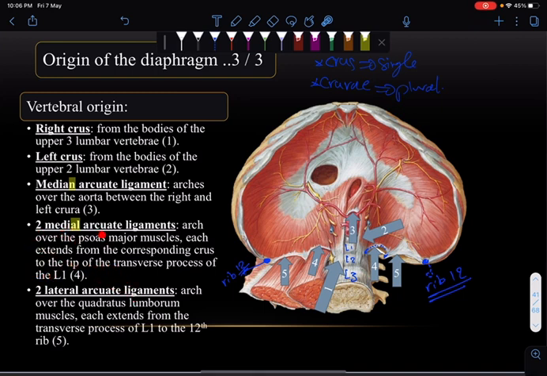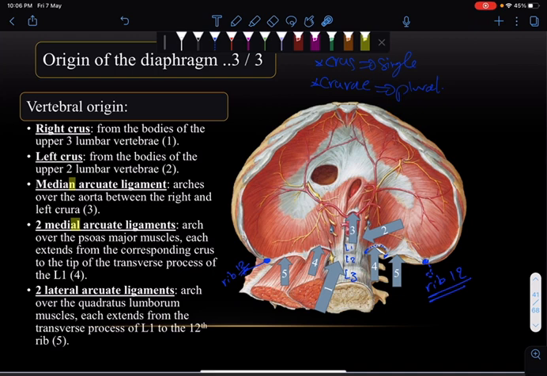Two medial arcuate ligaments. This is medial and this is medial, in contrast to the lateral. The two medial arcuate ligaments arch over the psoas major muscle. This is psoas major, and this is quadratus lumborum.